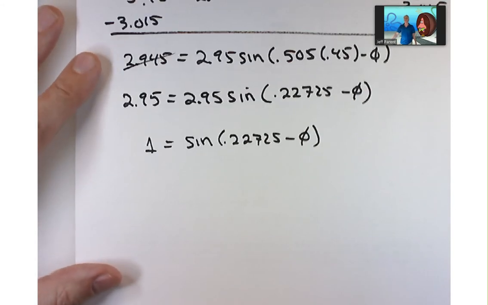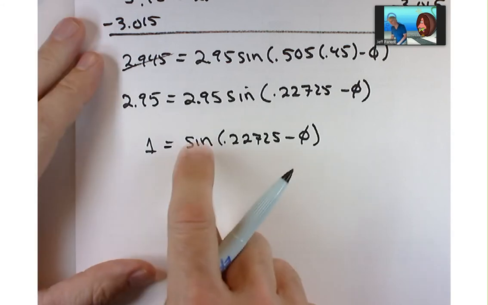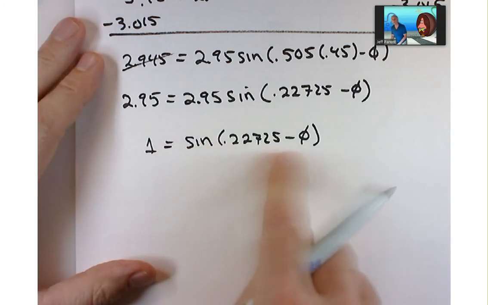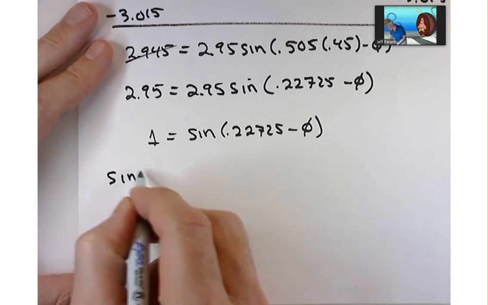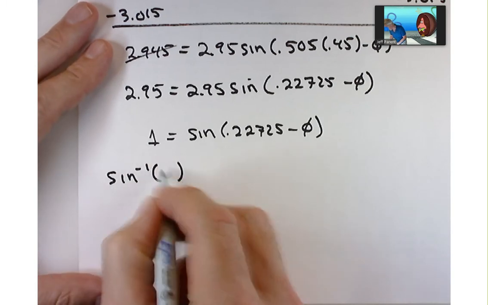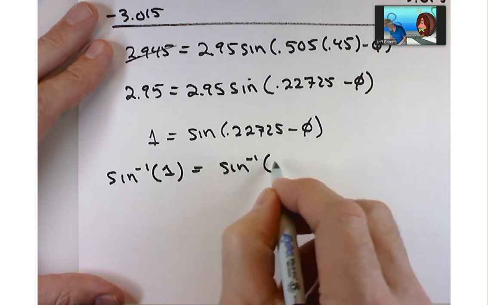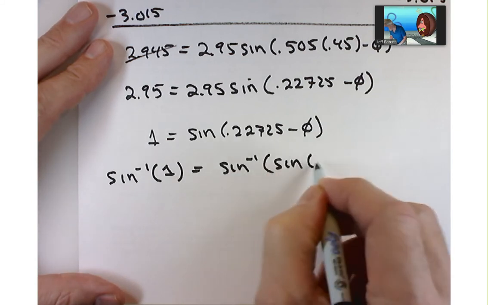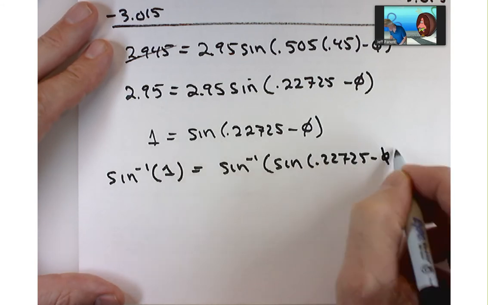Here's where you can use your inverse sine. If I wanted to get rid of the sine here and get my hands on what I have on the right-hand side, then I can take the inverse sine on both sides. So the inverse sine of 1 and the inverse sine of the sine of 0.22725 minus phi.